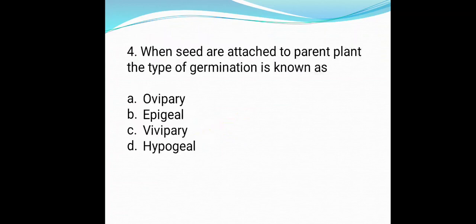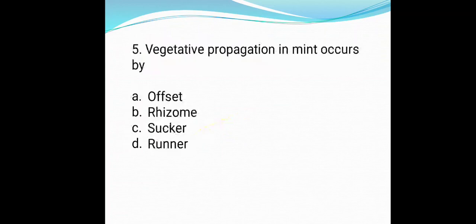Oviparity is a method of reproduction in which eggs are laid and embryos develop outside the mother's body. So when the seeds are attached to the parent plant, the type of germination is known as vivipary. The correct answer is C, vivipary. We'll move on to the next question.